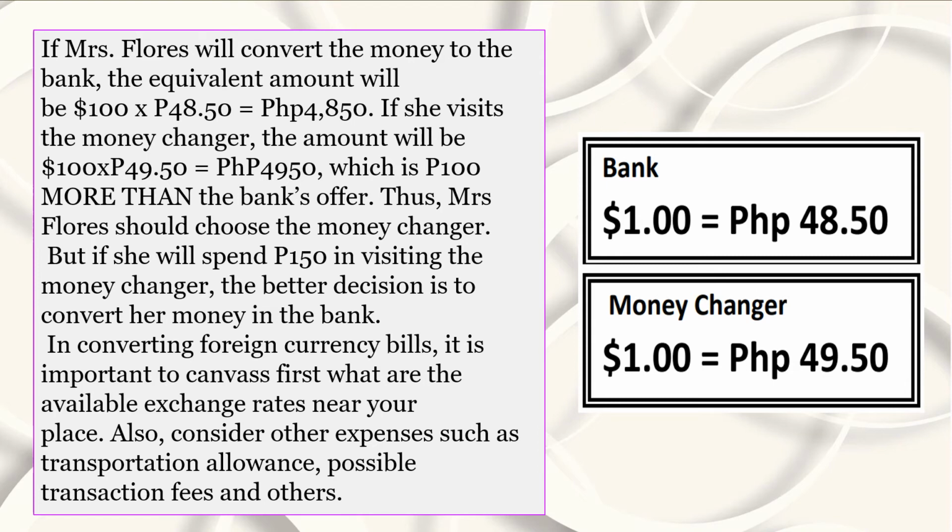If she visits the money changer, the amount will be 100 US dollars times 49 pesos and 50 centavos, which is equal to 4,950 pesos, which is 100 pesos more than the bank's offer. Thus, Mrs. Flores should choose the money changer. But if she will spend 150 pesos in visiting the money changer, the better decision is to convert her money in the bank.